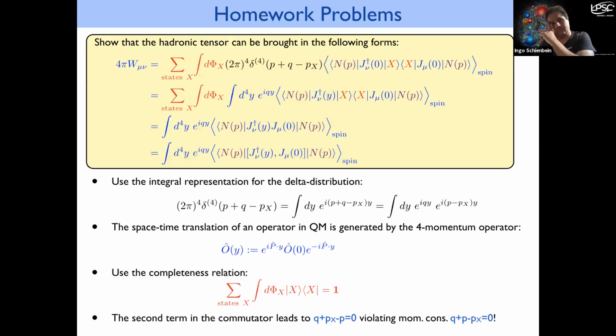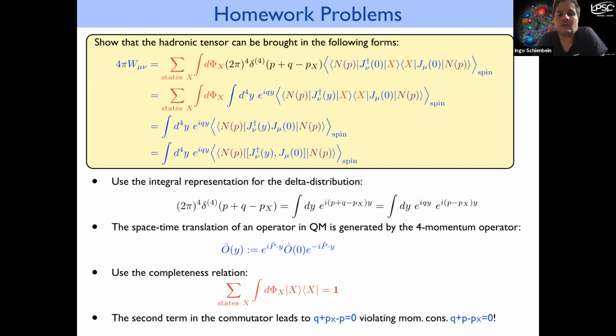Now there's another homework problem which is a little bit more extended. Starting from the definition of the hadronic tensor in the first line of the yellow box, you can replace the four-momentum conservation, the Dirac delta distribution, by a representation as an integral over the exponential function.